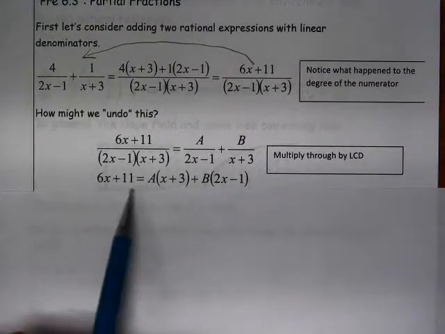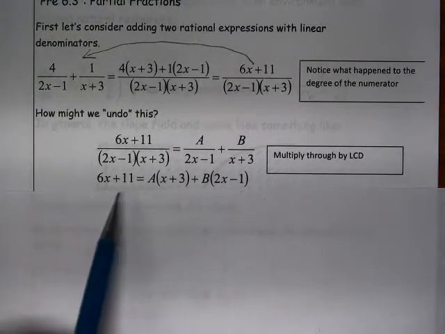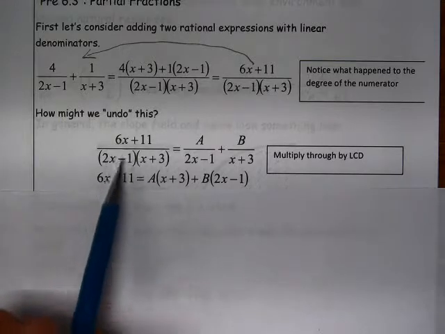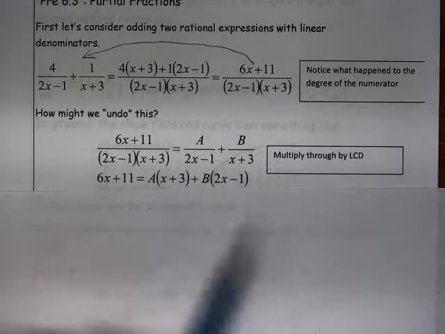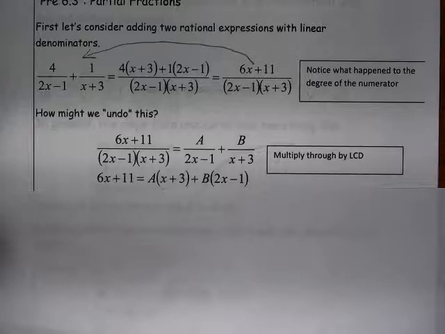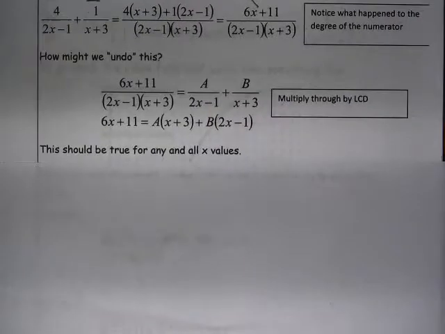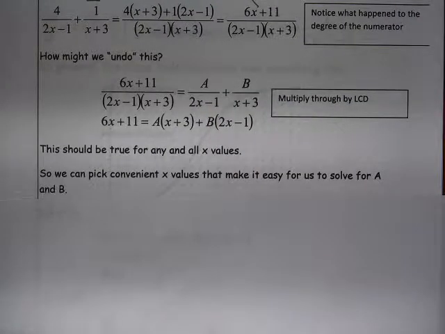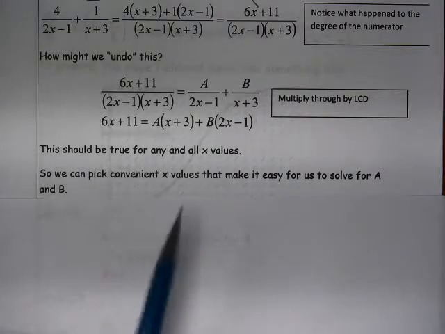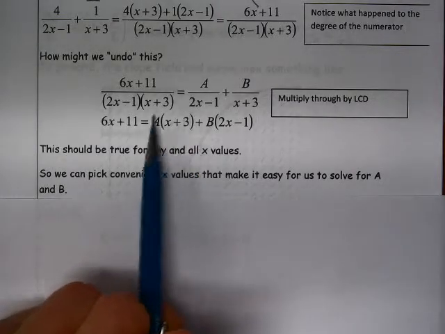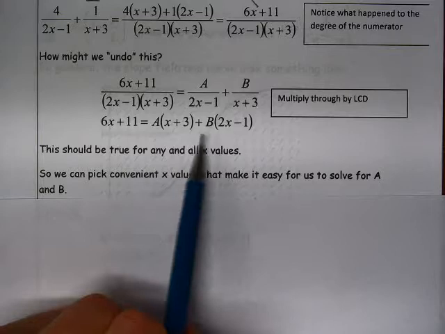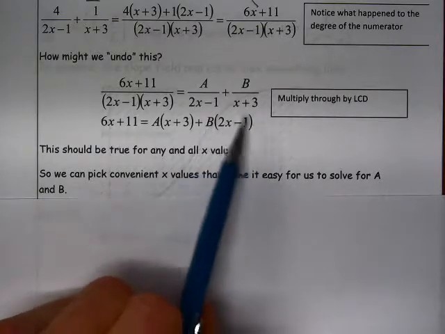Right? So we get this equation that relates our initial rational expression with this decomposed sum, and we get it in this form. Now, the idea here is that this relationship should be true for any and all x values. Okay, so we're going to pick convenient x values that make it easy for us to solve for a, and then that make it easy for us to solve for b.